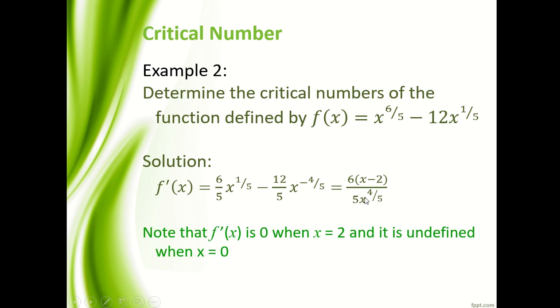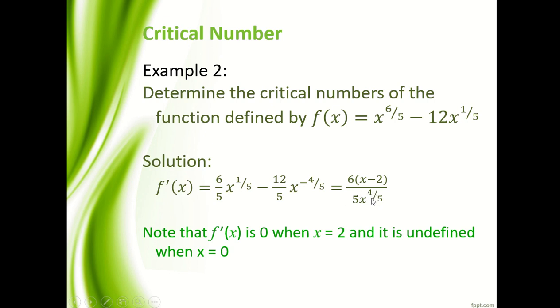Now looking at the denominator, when x is equal to 0, what will happen? The whole denominator becomes 0.